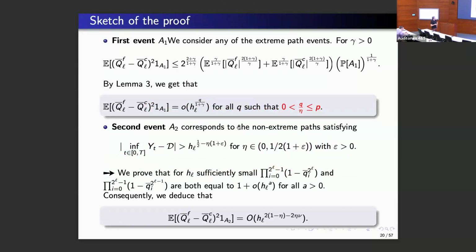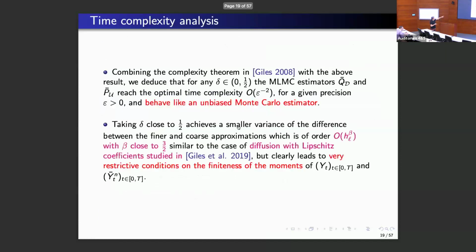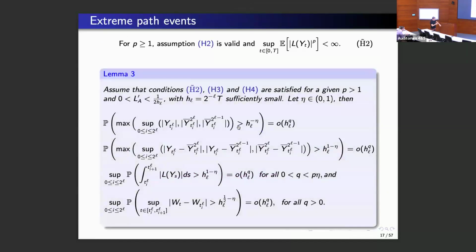Okay, so I summarize the proof in 3 main steps. The first step is how to deal with extreme paths first, and then the non-extreme path. For the extreme path, we are based on the estimates here. And mainly this is what appears when you analyze your difference scheme.